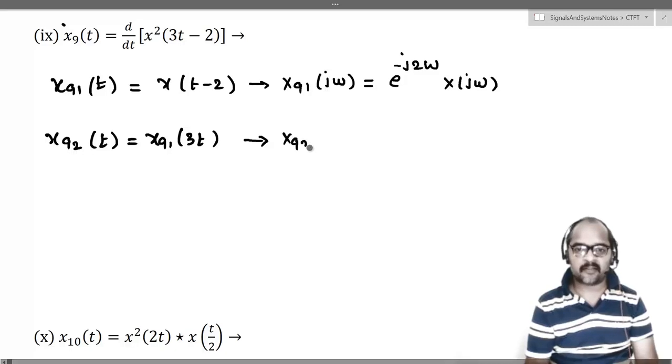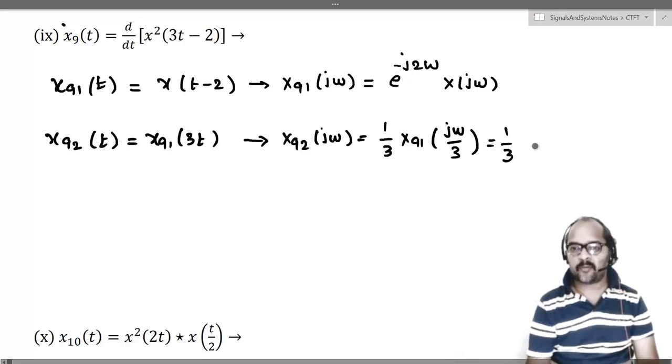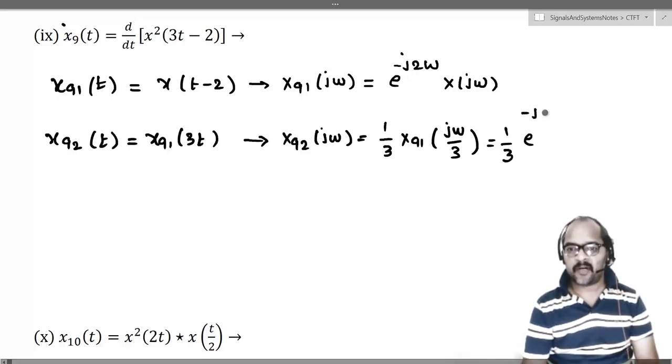So x92 of j omega equals 1 by 3 x91 of j omega by 3. In this, you replace omega with omega by 3, so you will get e power minus j 2 omega by 3 x of j omega by 3.